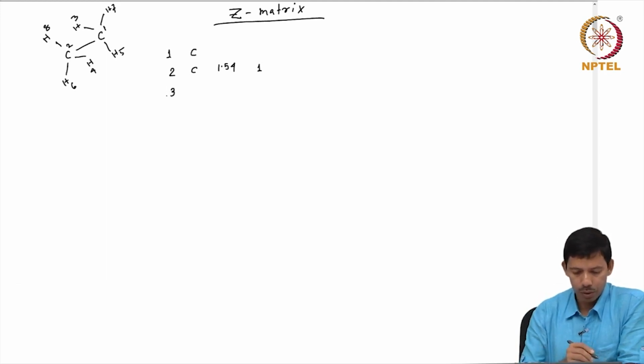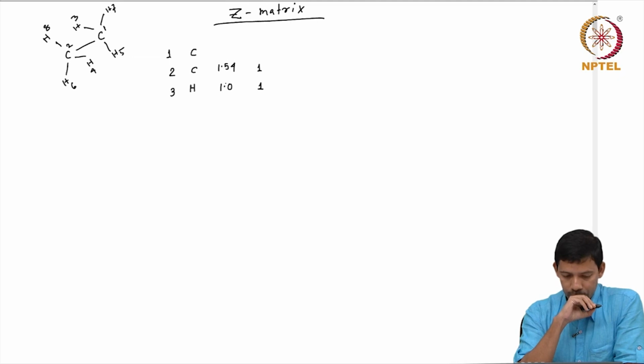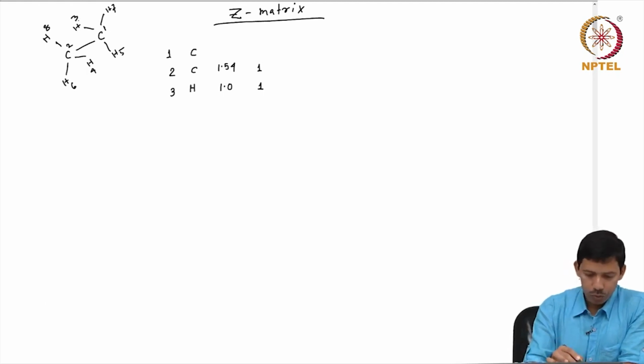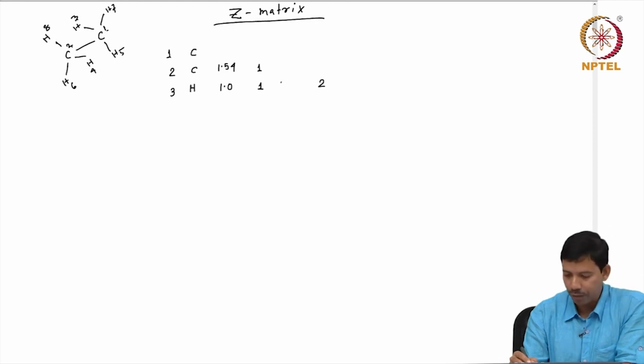My atom 3 is hydrogen, and that is connected to 1 by a bond distance of 1.0 angstrom. 3 is also making an angle with 3, 1, 2. So I write here 3, 1, 2, and the angle is 109.5.